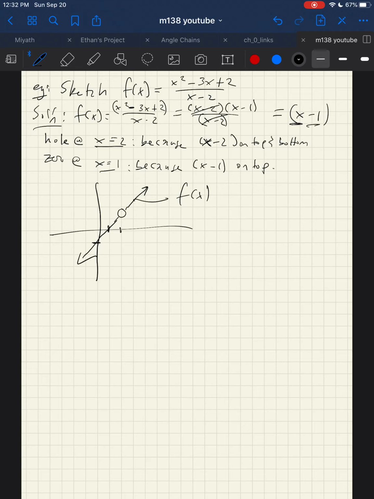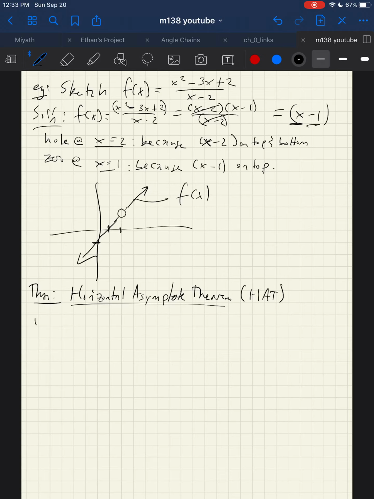Okay. So the next thing that I want to do is put this big theorem out for you. And this is called the horizontal asymptote theorem, or as I like to call it, the hat. Actually, I think the book calls it the theorem on horizontal asymptotes, but I like to call it the hat.